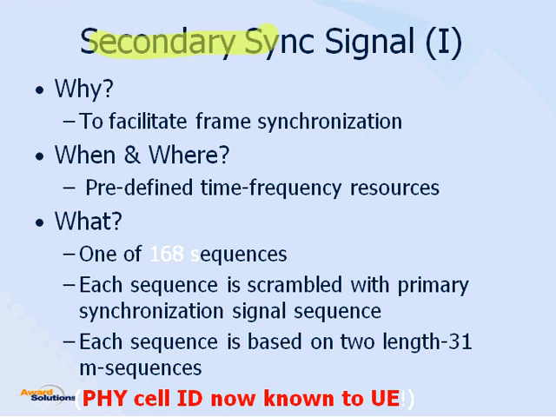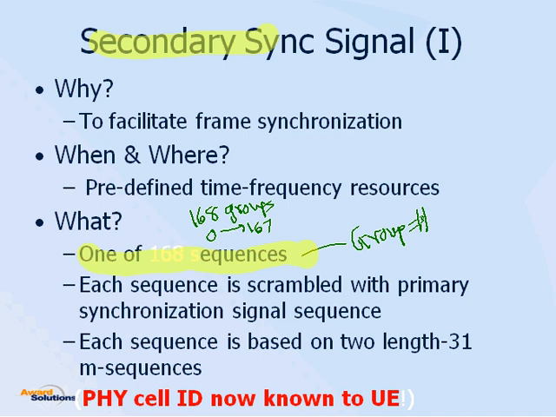In the secondary signal, again, it will be helping us with synchronization, and this will help us with the group number. We have 168 groups of cell IDs, 0 through 167. And corresponding to every group, we will have a sequence.